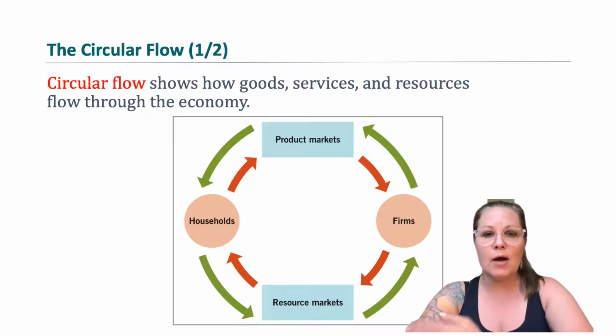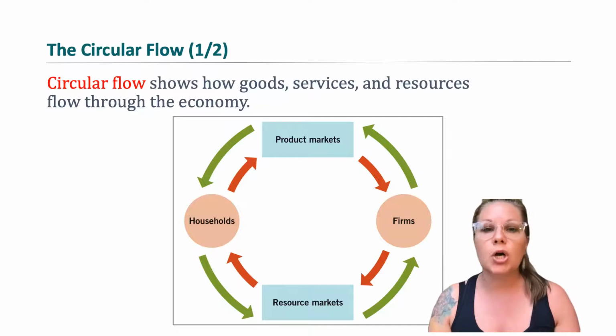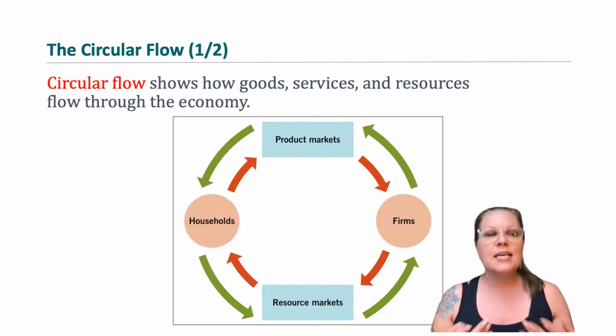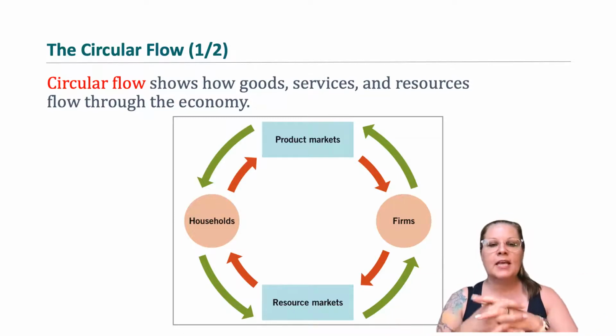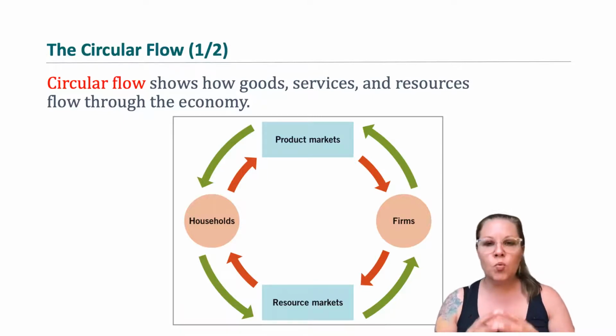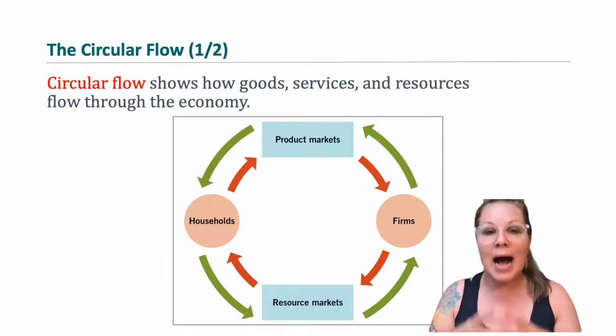Let's first talk about how households and firms interact in the product market, or the market for goods and services. These are things that you can buy and sell on a shelf or on Craigslist, right? So in this case, households are the ones who come to a goods and service market and want to buy things, right?